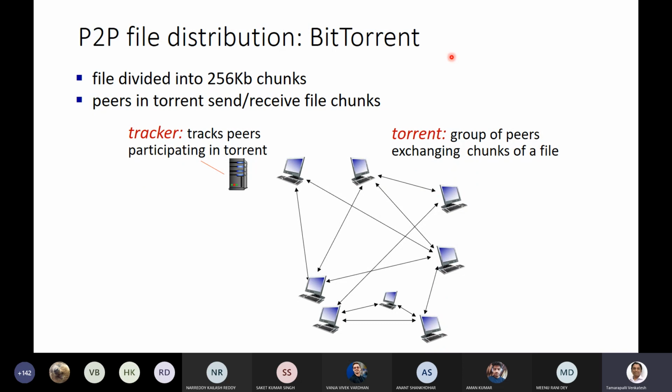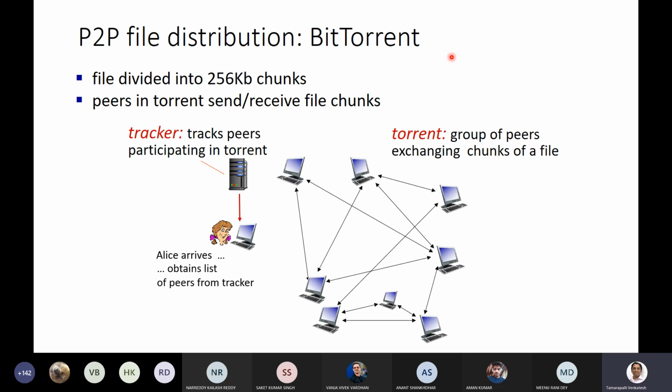The word torrent basically indicates the group of peers that are exchanging the chunks of a particular file. So all the peers which are exchanging one particular file, they are all part of a torrent. Okay, so there are multiple torrents in the system, and each torrent or each swarm of these peers essentially is doing the content exchange with respect to one file or one piece of content.